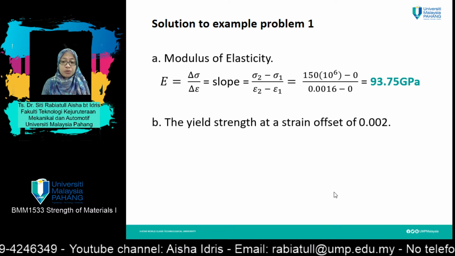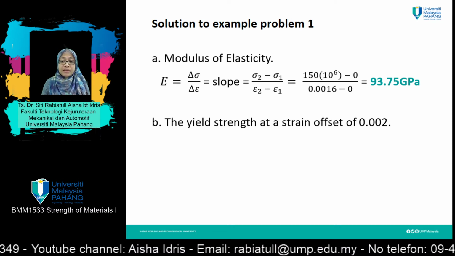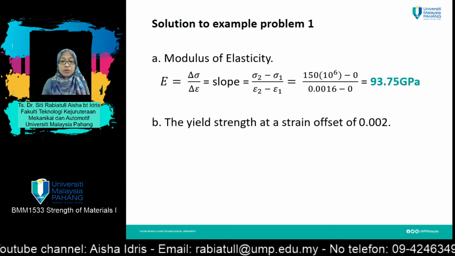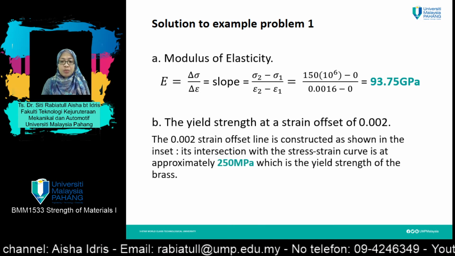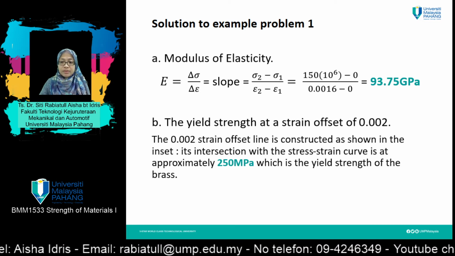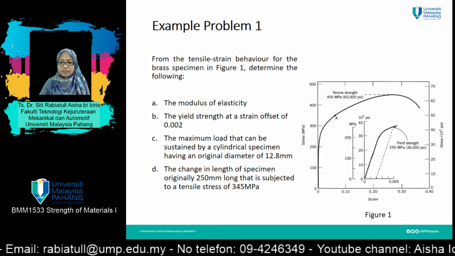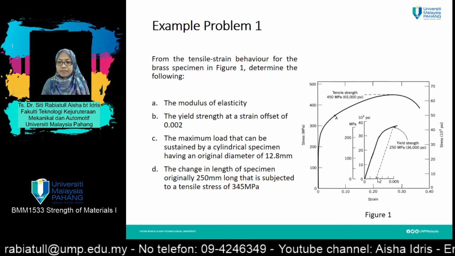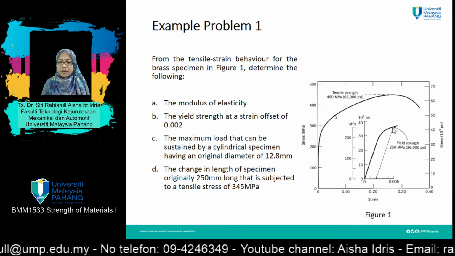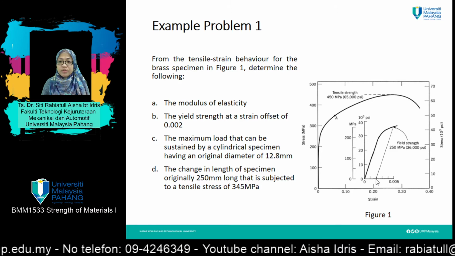The question asks you to find the yield strength at a strain offset of 0.002. So if you look at the graph itself, this line is the offset 0.002.